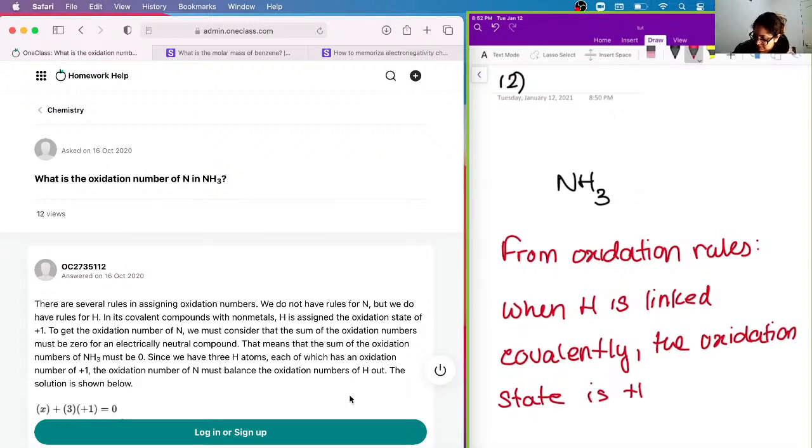What we can say is that hydrogen in this case is +1, right?